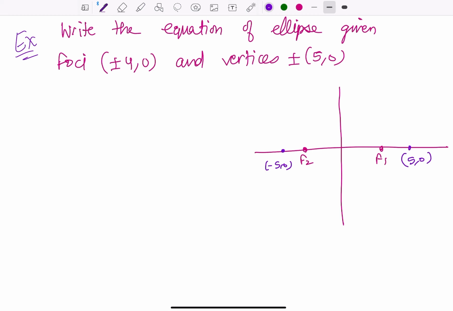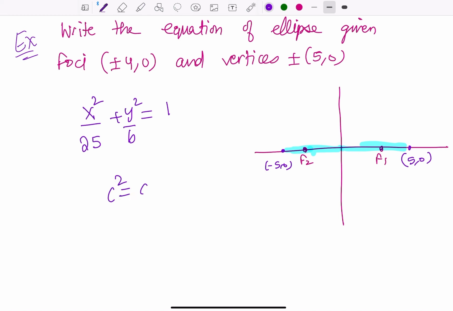Right, so x-axis is the major axis, x squared over a squared plus y squared over b squared equal to 1. And along x-axis, I'm going 5 units to the left and 5 units to the right of the center. So I would be at x squared over 25 plus y squared over b squared equal to 1. That's my equation in this case, but I need to find the b.